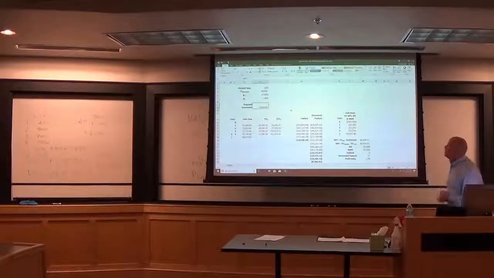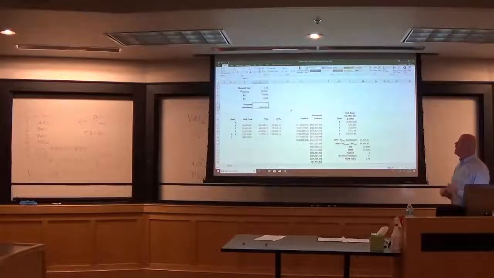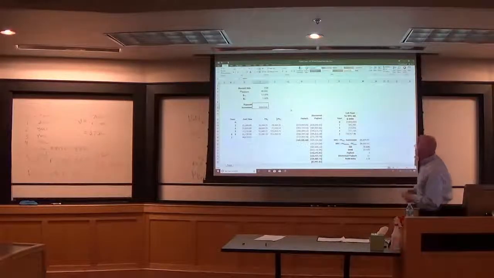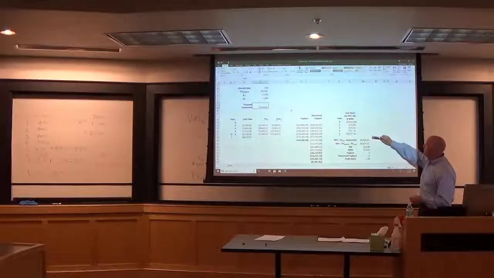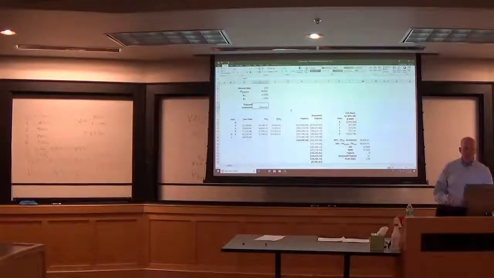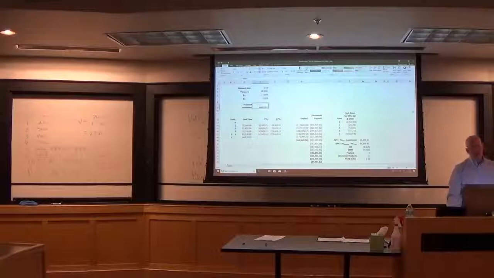Okay? All right. So I now want to think about calculating my net present value, and I'm doing it two different ways, and I'm seeing my internal rate of return and my modified internal rate of return. I put together another column to do this, though.